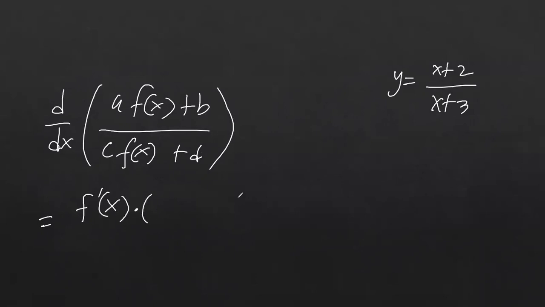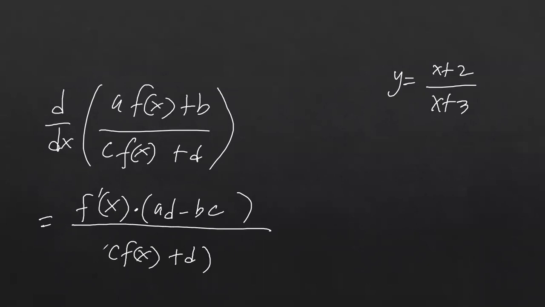You are just using somehow the same process as in finding the determinant of a matrix. Right minus left. So you have AD minus BC, and you just have to take the square of whatever denominator that you have.